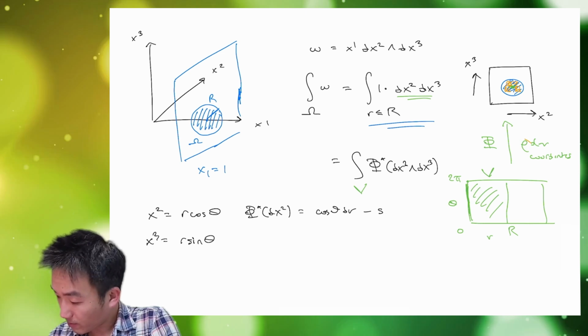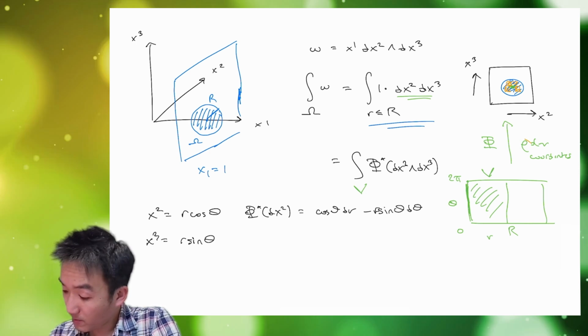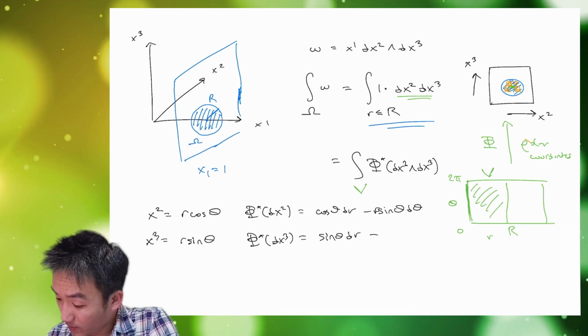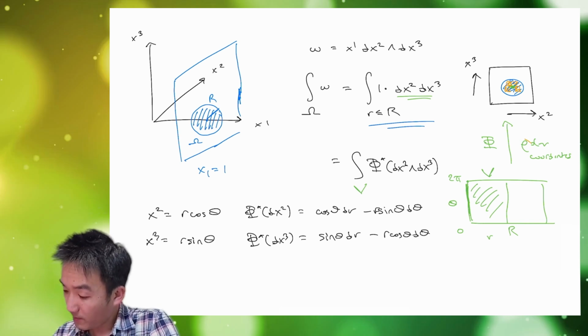And then when we differentiate with respect to theta, we get r times minus sine theta d theta. Likewise, phi star dx3 is equal to sine theta dr. And then when we differentiate theta, we get r cosine theta d theta.